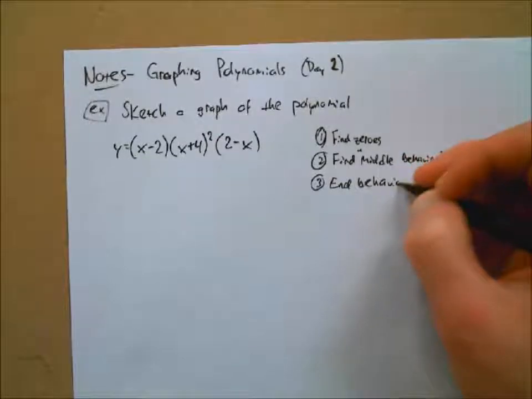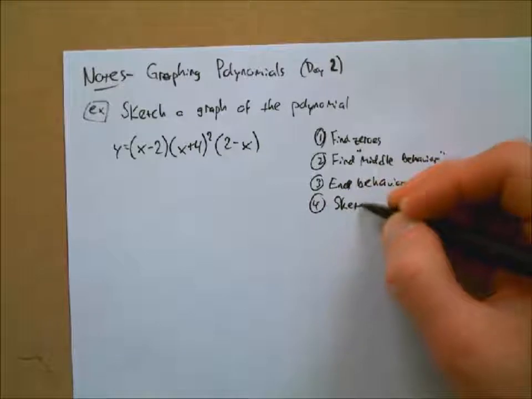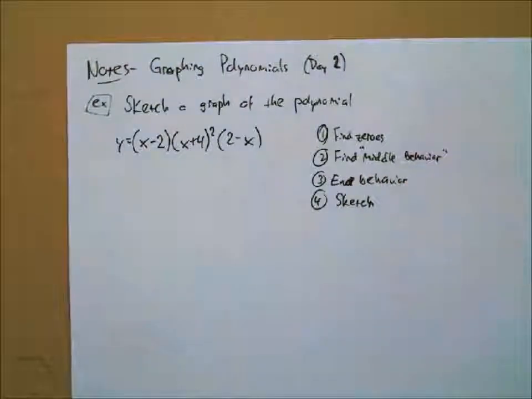That gives us a pretty good idea to allow us to finally sketch a graph. The reason for that is we already have a good idea about what polynomials look like. They sometimes have hills and valleys, but for the most part, they'll have end behavior that goes up to infinity or down to negative infinity. So, anywho, let's find those zeros.